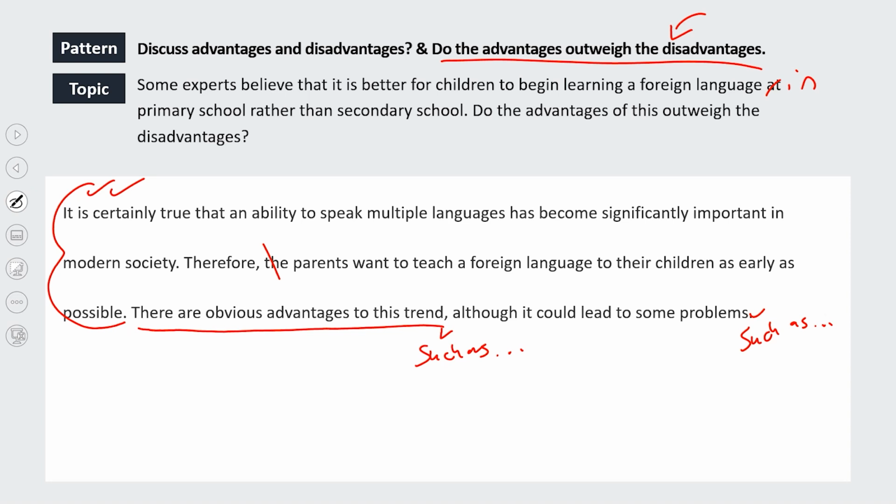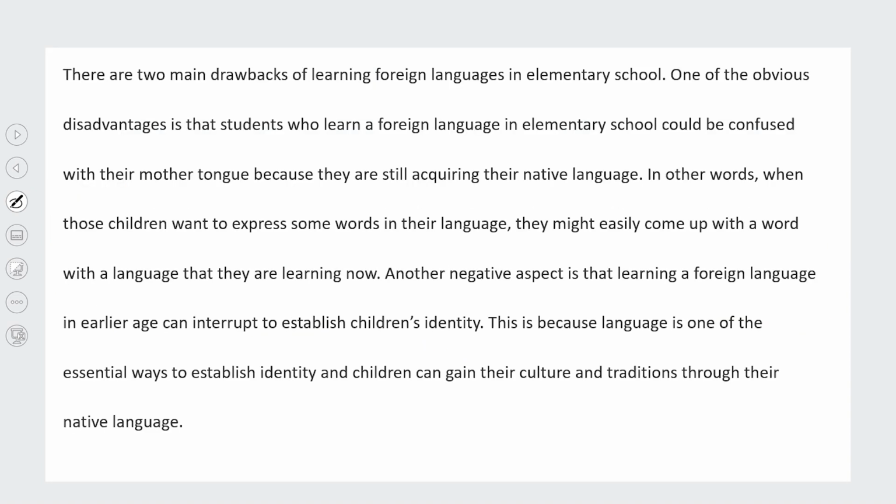So if you phrase the sentence like that, then you're not only giving me your subtopics, you're not only telling me what you're going to be discussing in the rest of your essay, but you're also making your opinion very clear to me. Okay, so I always advise that to my students.